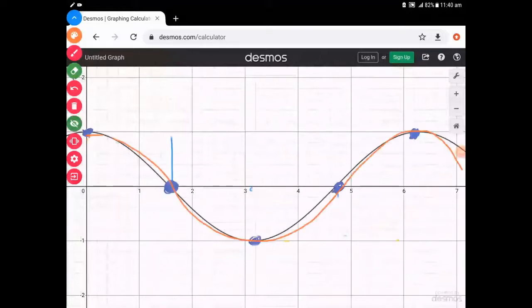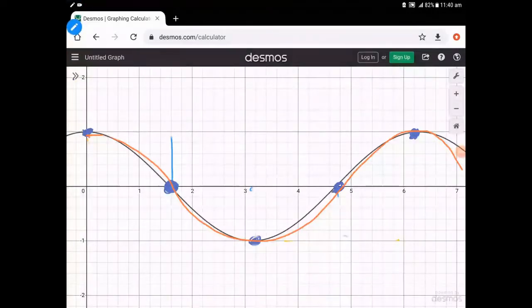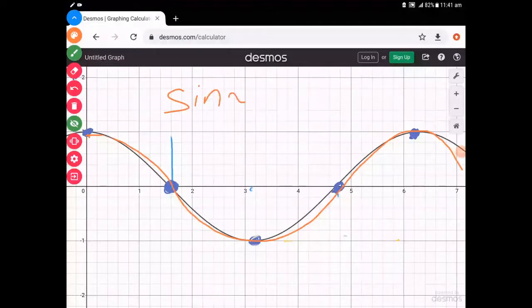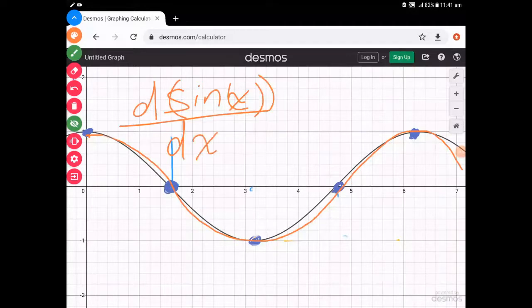Of course my drawing was a rough drawing, but do you see that this is the shape of cos x? So when we differentiated sine, when we took the slope of the tangents of sine, what we got was, differentiating sin x with respect to x, cos x.